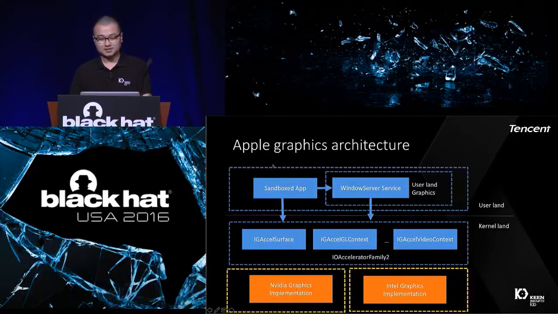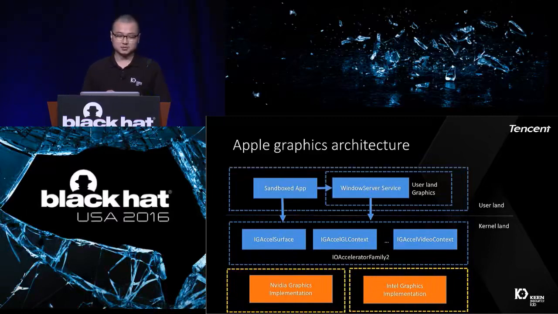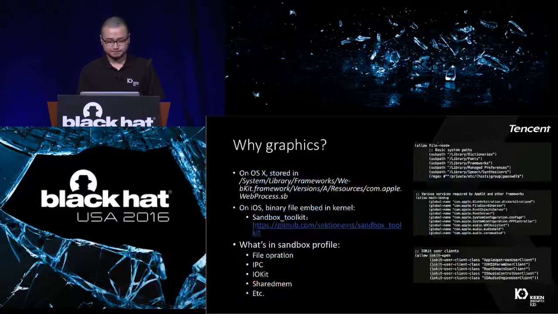This class is actually implemented by NVIDIA and Intel graphics. And for some apps like Safari or Chrome or some other browsers, because of performance considerations, the sandbox profile actually allows calling directly to the kernel. For example, currently you need WebGL or something like that, so you need better performance, so you can call them directly also.